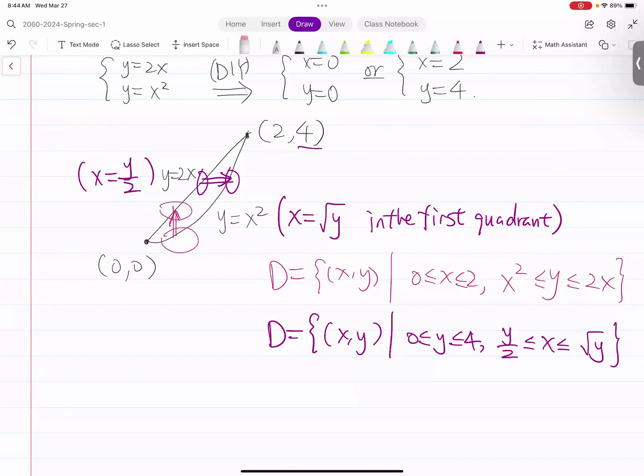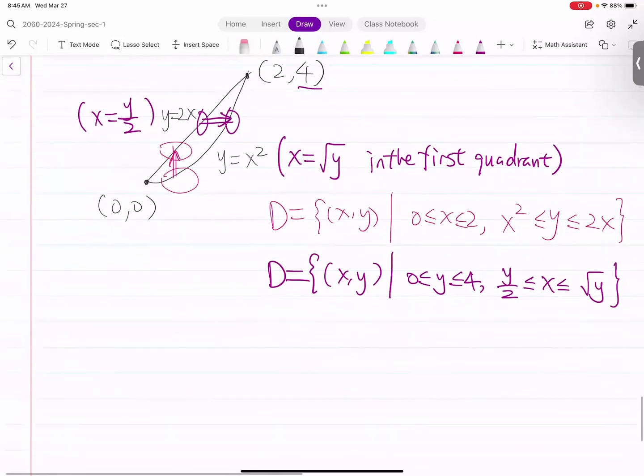So we can see this region is similar to the previous one in the sense that we have two reasonable descriptions, both in terms of type 1 and type 2. So at this point we can say that this double integral can be described in two ways. But let's write them down.